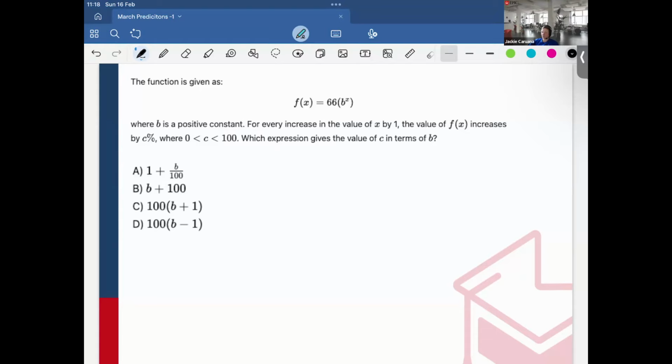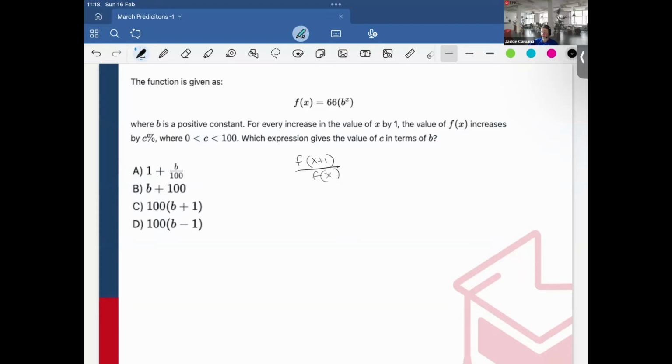Okay, so if x increases by 1, then f of x increases by c%. So basically, f of x plus 1 over f of x, the original function, just represents how much f of x grows when x increases by 1.